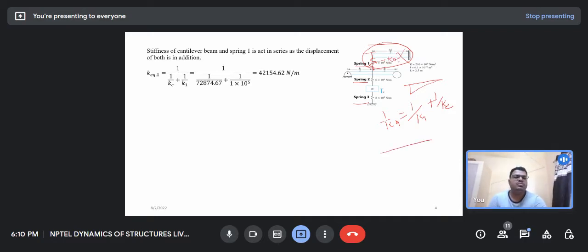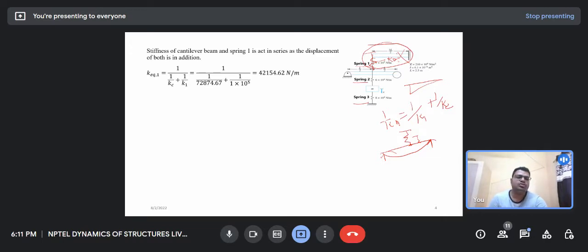Now we have the simply supported beam and a spring here, and if we apply a load, the deflection in both the spring and the beam would be the same, due to the compatibility condition.